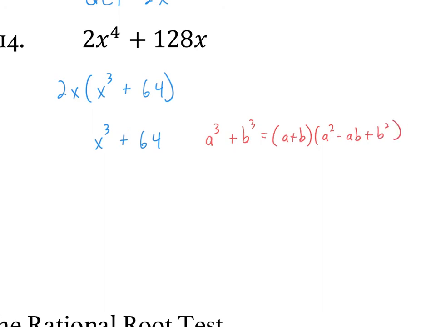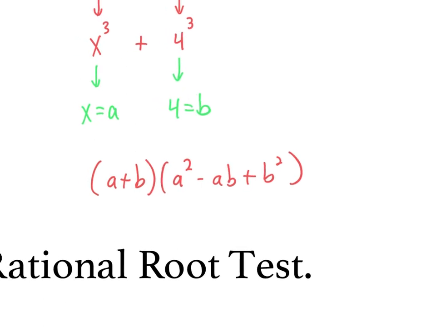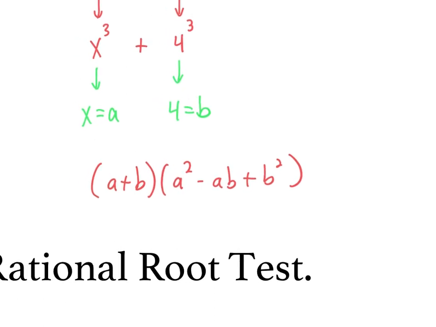Same as the last one, we'll rewrite this as something cubed, and 64 is 4 cubed. Once we do that, we can see that x is a and 4 is b. Then we go over to the right-hand side of the formula and plug in x for a and 4 for b.